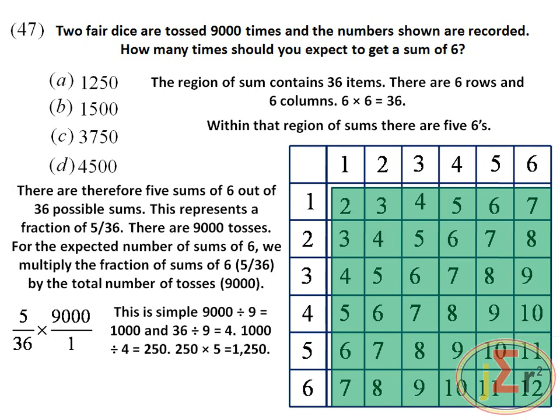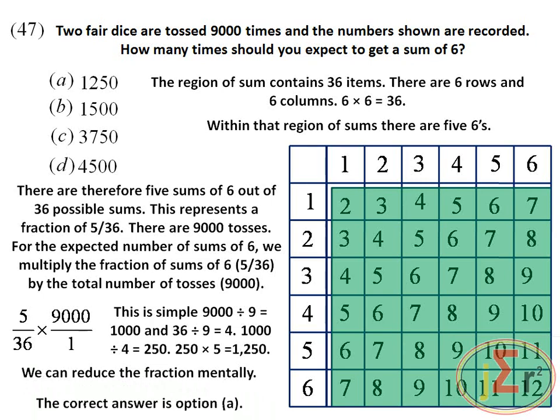That 250 we will multiply by 5, and we will get 1,250. We can reduce the fraction mentally, and that we have done. The correct answer is option A.